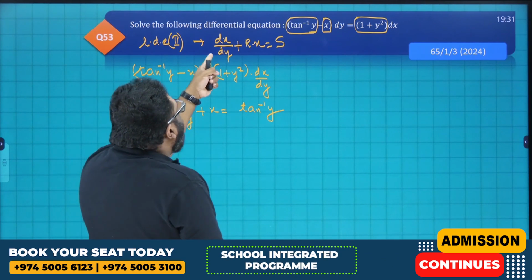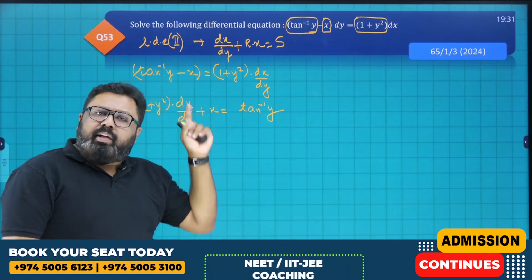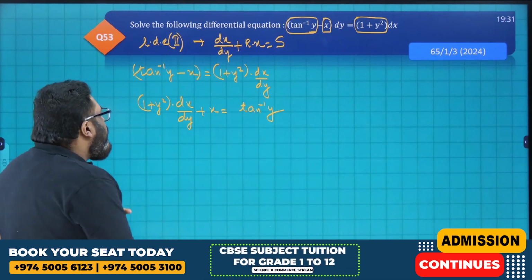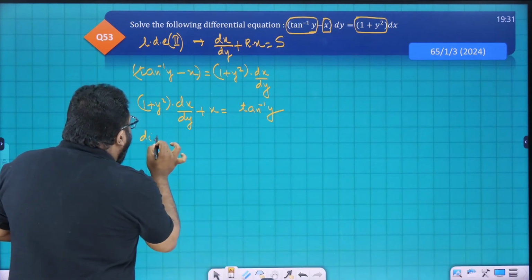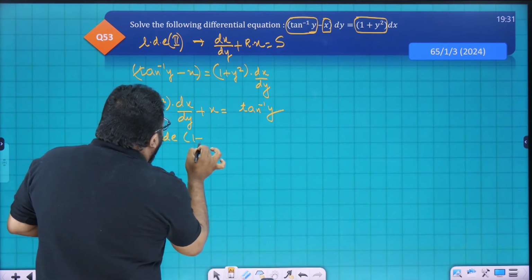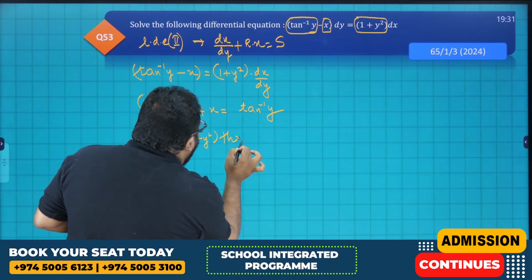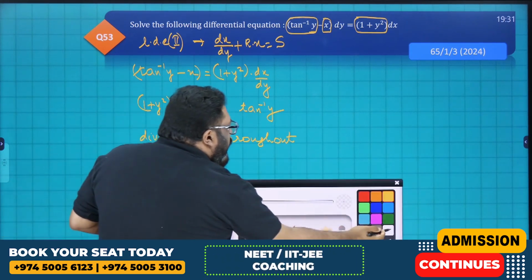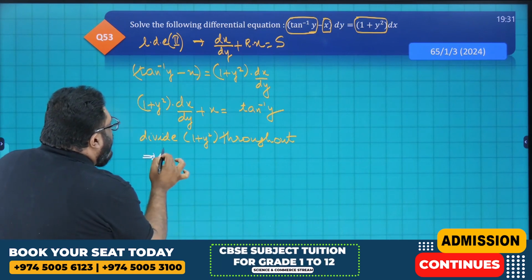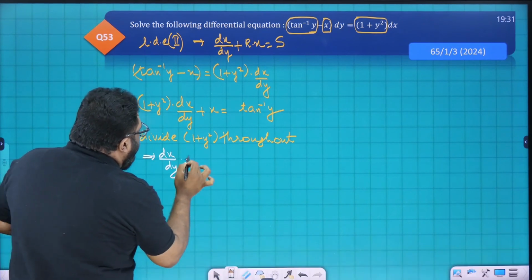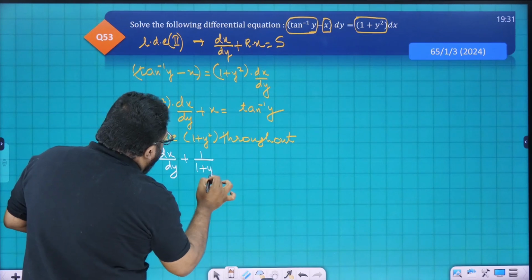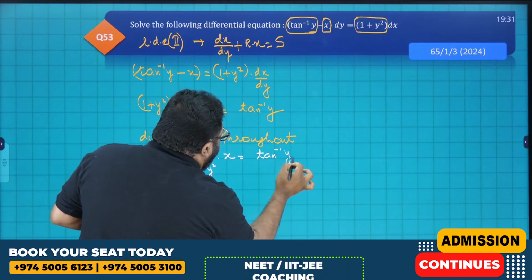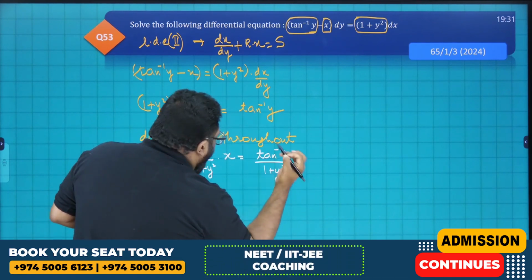So now dx by dy should be having coefficient 1. We have seen this kind of question already before. Dx by dy should have coefficient 1. So divide by 1 plus y squared throughout the equation, my dears. You will get the expression as dx by dy plus 1 by 1 plus y squared into x is equal to tan inverse y by 1 plus y squared.